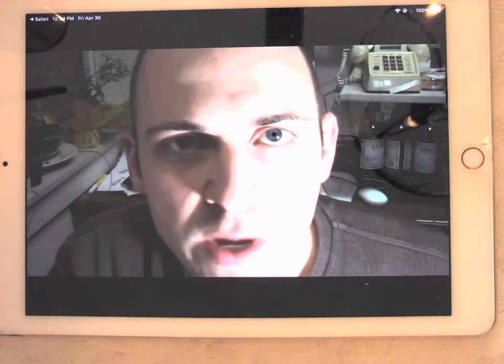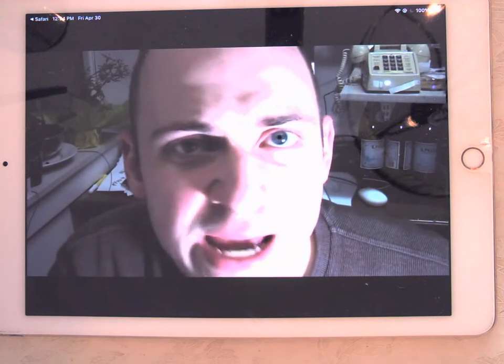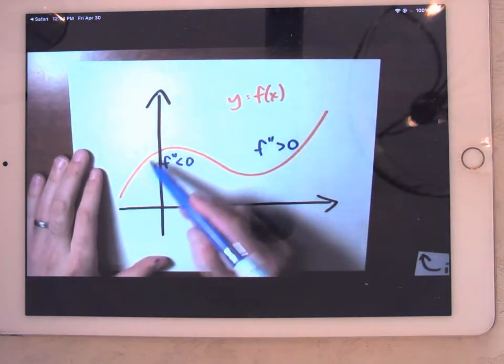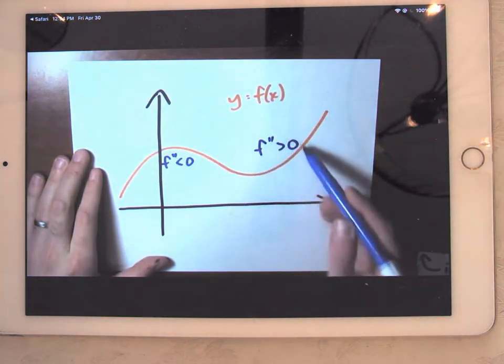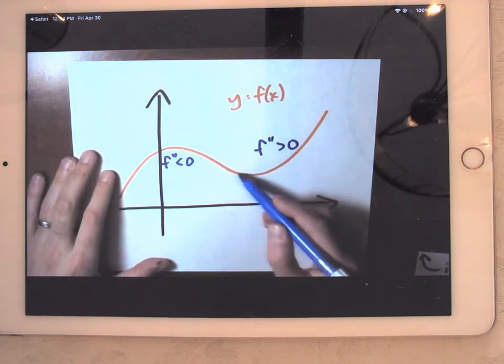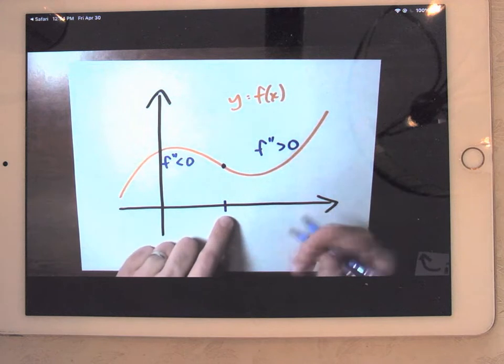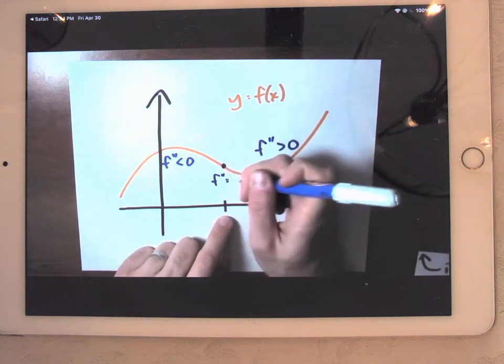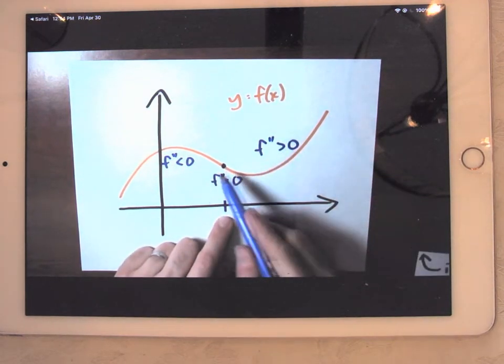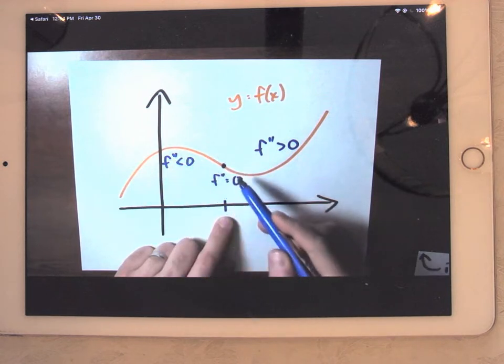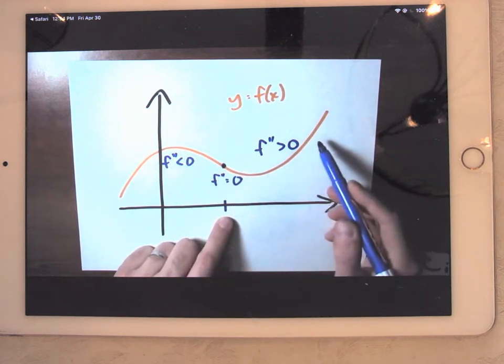What happens in between? Where does the regime change take place? So over here, the second derivative is negative. Over here, the second derivative is positive. There's a point in between, maybe it's right here, and at that point, the second derivative is equal to 0. On one side, it's concave down, and on the other side, it's concave up.